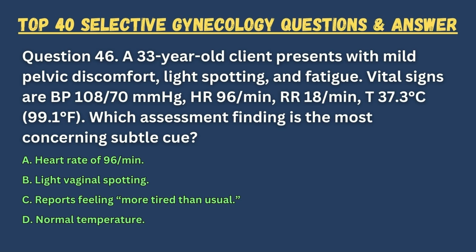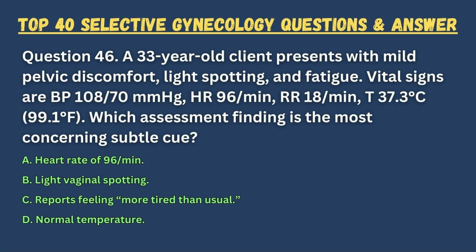Question 46. A 33-year-old client presents with mild pelvic discomfort, light spotting, and fatigue. Vital signs are BP 108 over 70 millimeters of mercury, HR 96 per minute, RR 18 per minute, T 37.3 degrees Celsius, 99.1 degrees Fahrenheit. Which assessment finding is the most concerning subtle cue? A. Heart rate of 96 per minute.